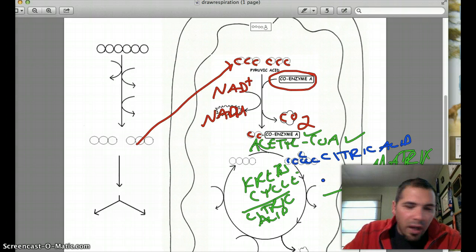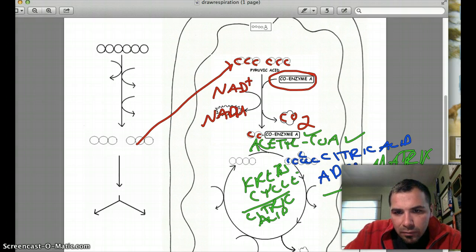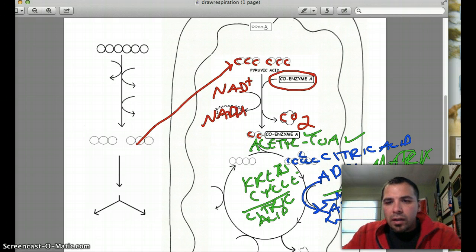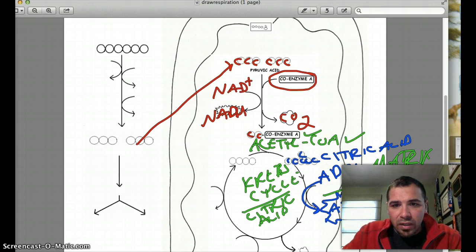It's going to go through a process. As it goes through the Krebs cycle, ADP will become ATP, a little energy there. I'm going to have to clear this so that you can see it, so if you want to pause here and get this written down.